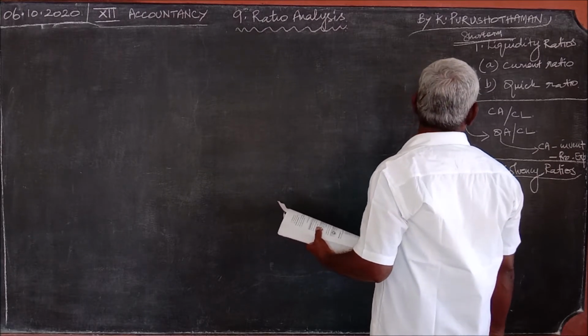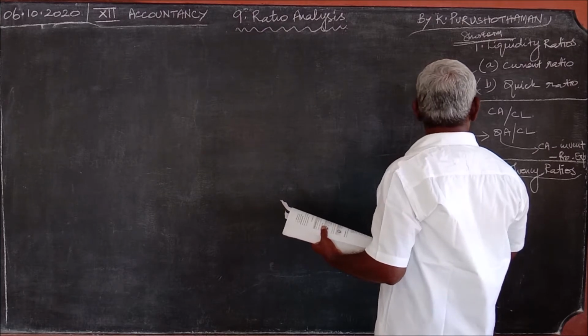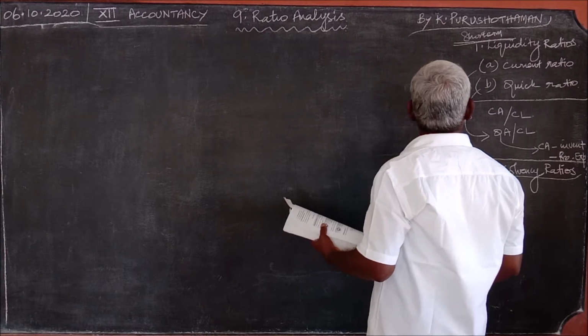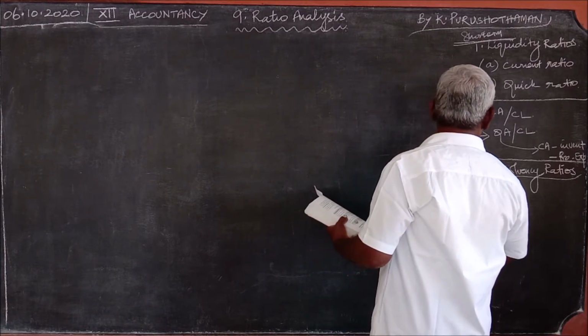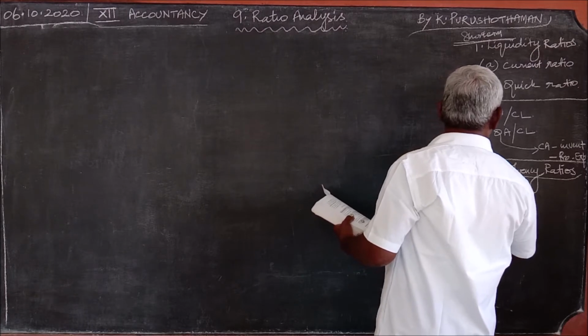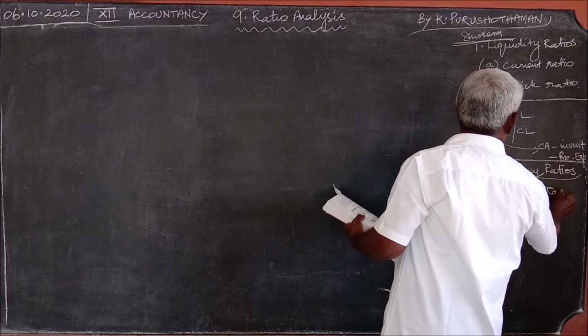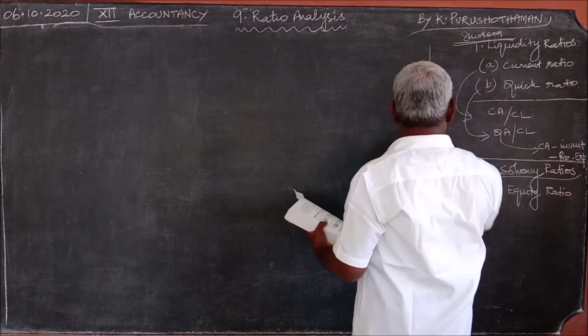For that purpose we are using these ratios, under which there are three types of ratios. The first ratio is the debt equity ratio. And we are going to see this now.